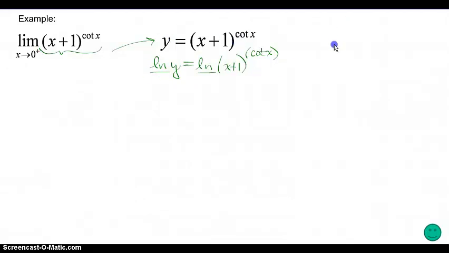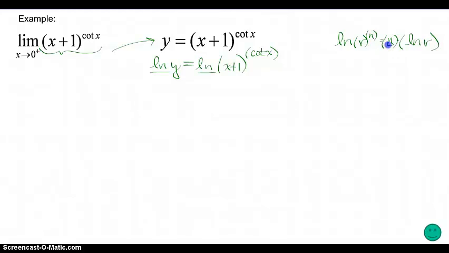Well, remember that rule that says the natural log of r to the n can be rewritten as n times the natural log of r. So I get to bring something that has maybe a variable base and a variable exponent, and I get to turn it into a product.